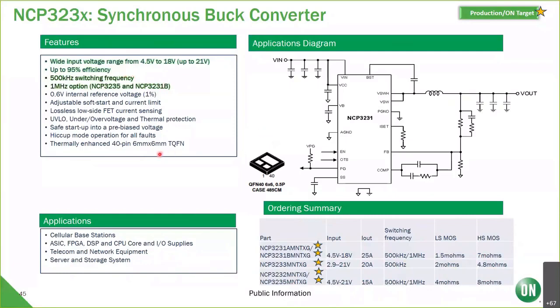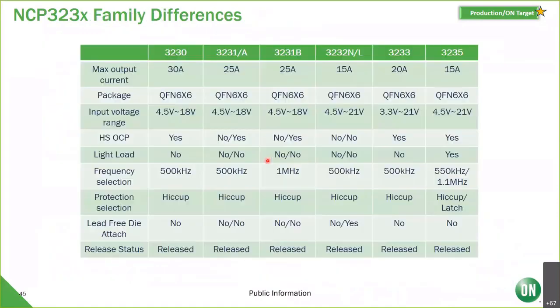And a nice thermally enhanced 6x6 millimeter 40 pin package here you see. It has the die exposed paddles for relieving the die temp into the PCB interplanes or even top layer. And then this is a quick look at the family differences between the 30, 31B, the 32, the 33 and 35, the different currents.